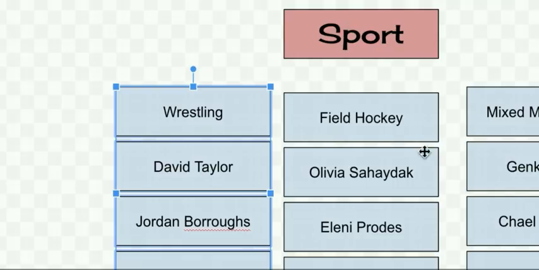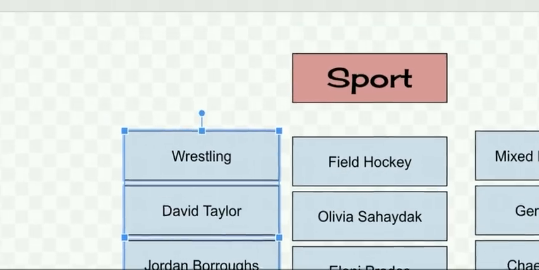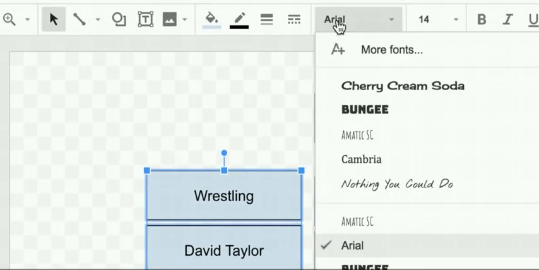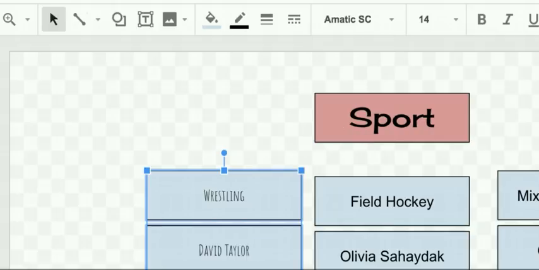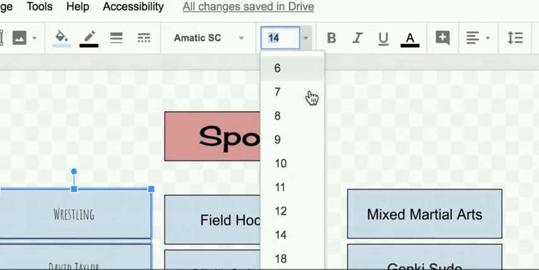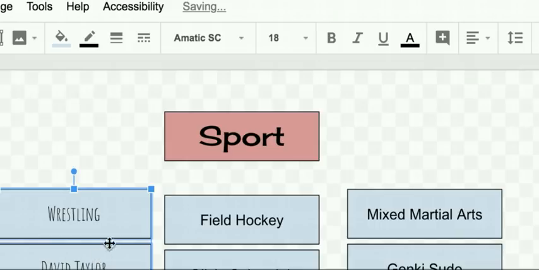So each one of these sports will have its own font style. So my individual sport of wrestling will have a different font. And like I said before, sometimes this will be a little bit narrow, or the font might be smaller or larger when you change the font, and you could always adjust the size accordingly.